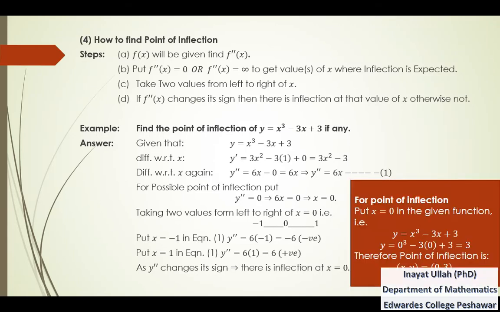So we put the obtained value x equal to 0 in the given equation y equals x cubed minus 3x plus 3 to get y equal to 3. Therefore the point of inflection is the ordered pair (x, y), where x is 0 and y is 3. That is the required point of inflection.